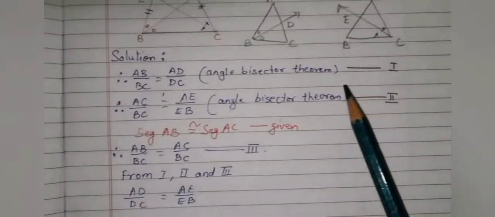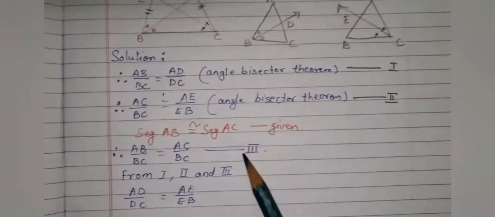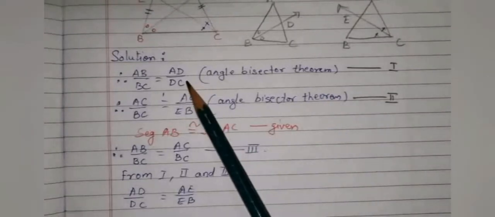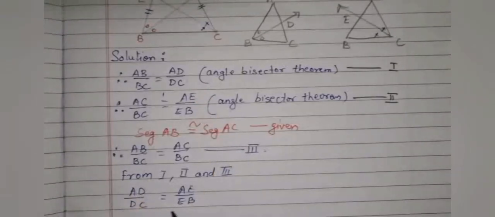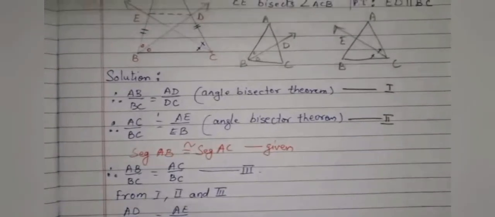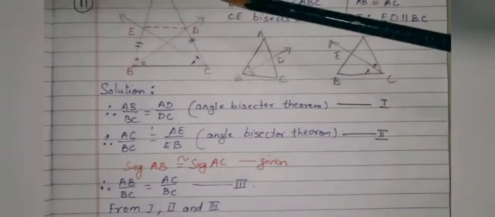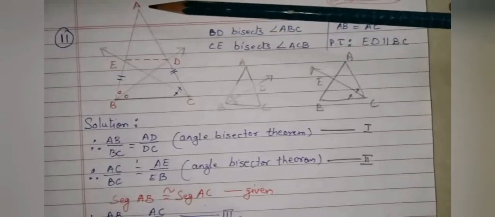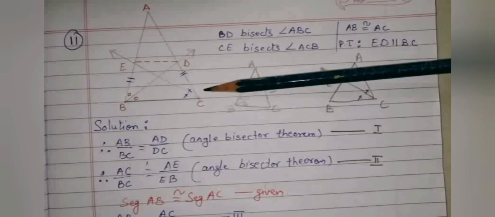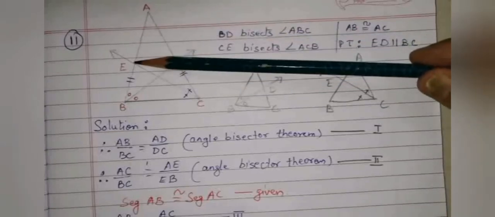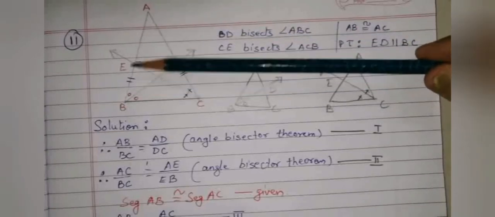From equations 1, 2 and 3, we have got AD upon DC equals AE upon EB. These two are equal. So now let's see in the figure. AD upon DC, AE upon EB.